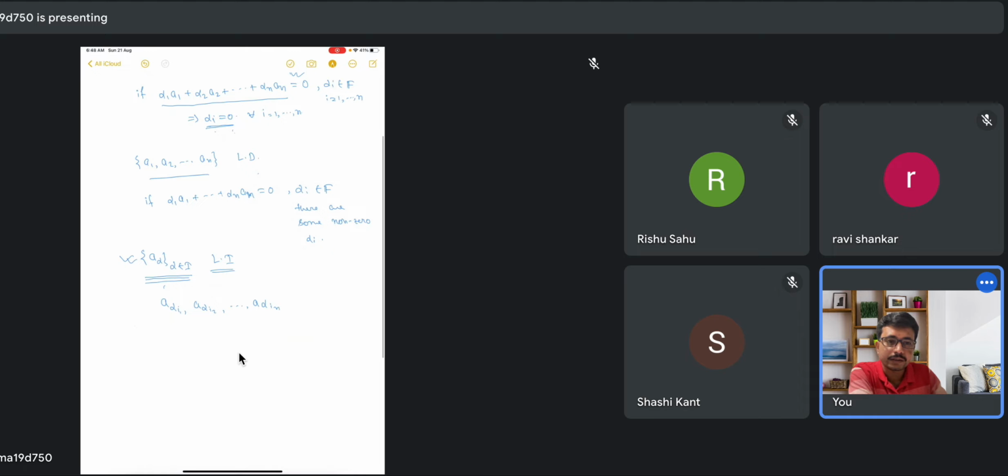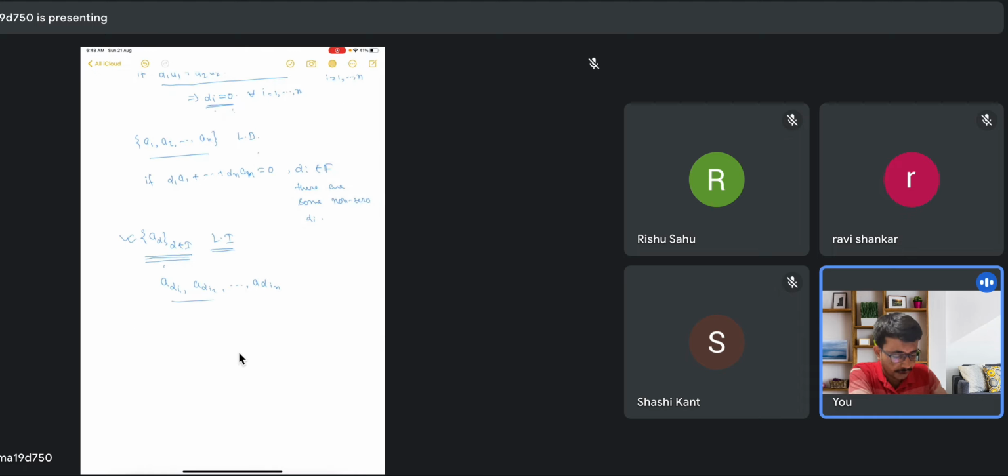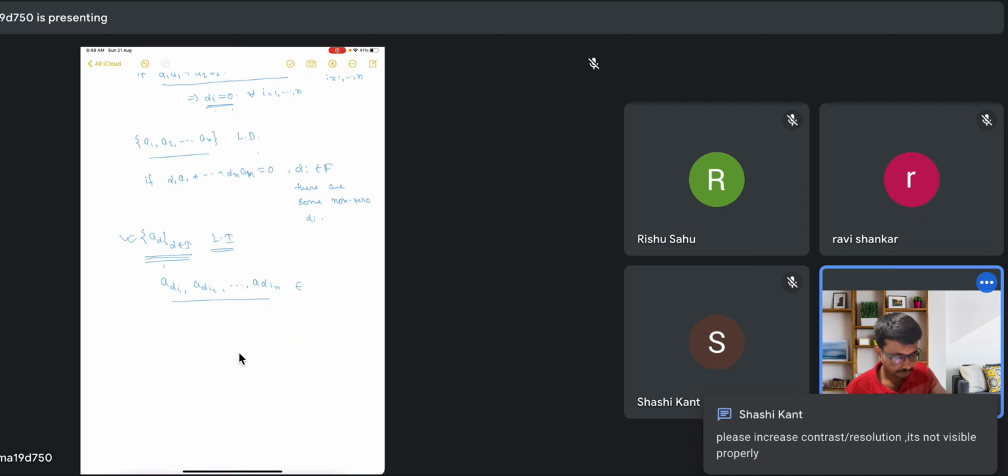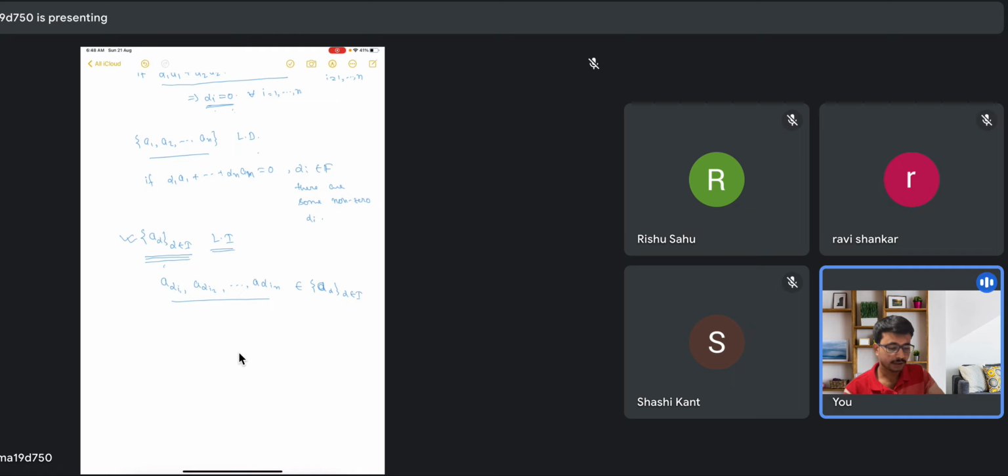We are taking a finite number of elements from this collection. This is arbitrary. This is your infinite set, and here we are taking an arbitrary finite collection from this set.